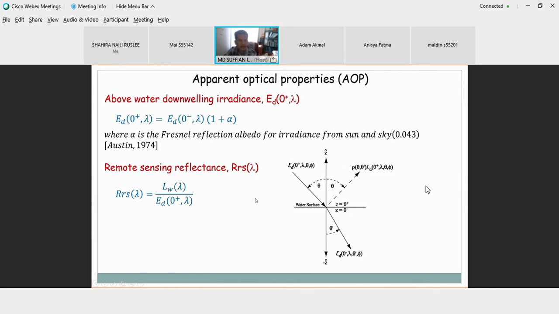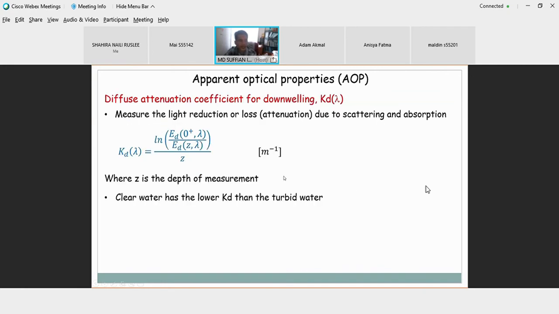So remote sensing reflectance can be measured from the ratio between outgoing radiance and incoming irradiance, Lw and Ed. And the diffuse attenuation coefficient, Kd, is an AOP.